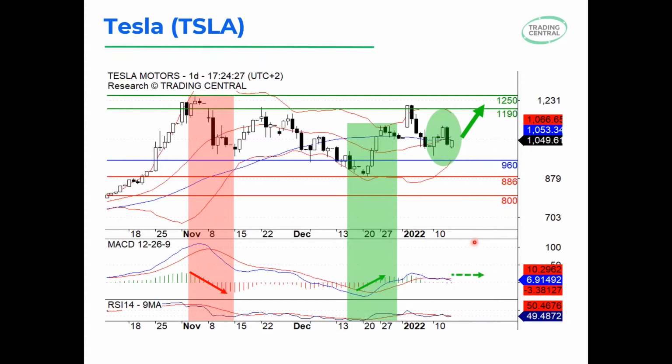Now your job is to see. Now we can see the MACD is not very indicative, not showing a very marked signal at the moment, and you have to pay attention to it for the coming trading sessions.